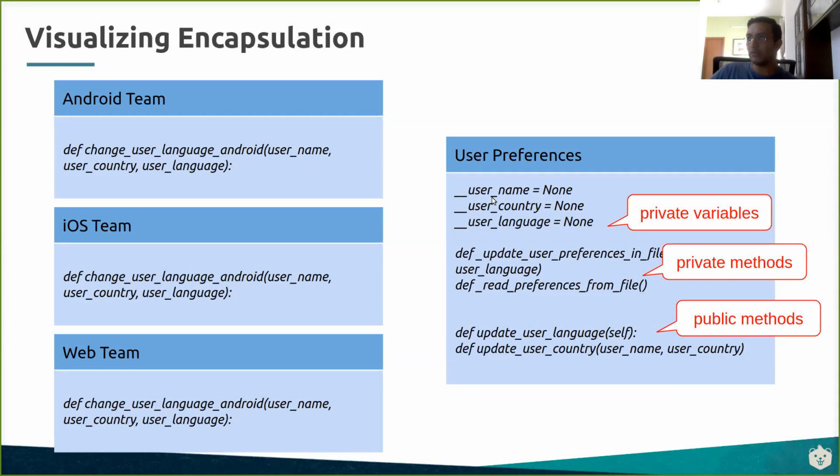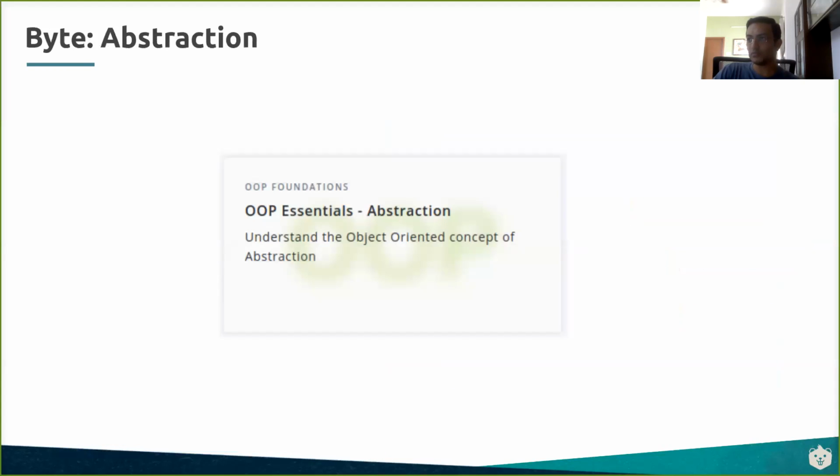But more importantly, with encapsulation, the hiding is the part. The part about exposing public methods is more relevant to abstraction. We'll cover that. But to understand this particular byte, the key thing is we are hiding the private methods and private variables. That is encapsulation. And we've seen what advantages it has.